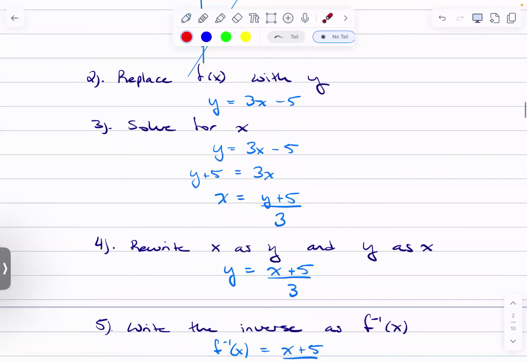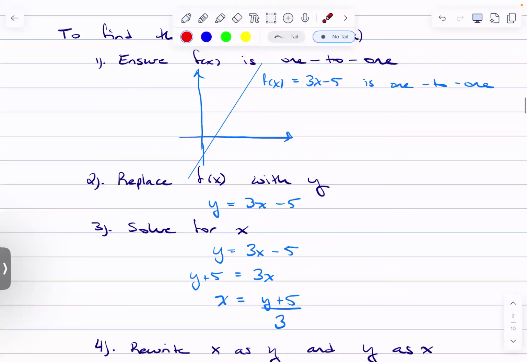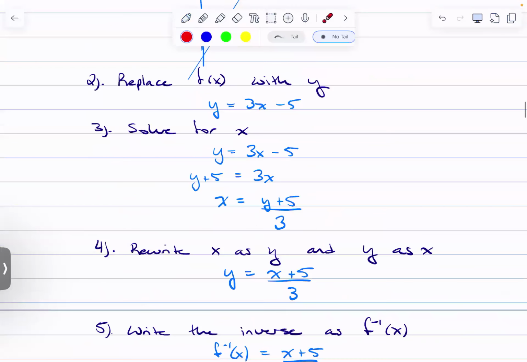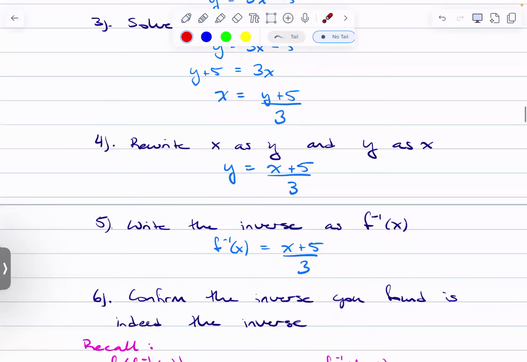So to recap, you rewrite your function with a y instead of your f of x. And then you rearrange and you can solve for x. And so that's your new output. You rewrite x as y and y as x. Just kind of swap those. Okay.